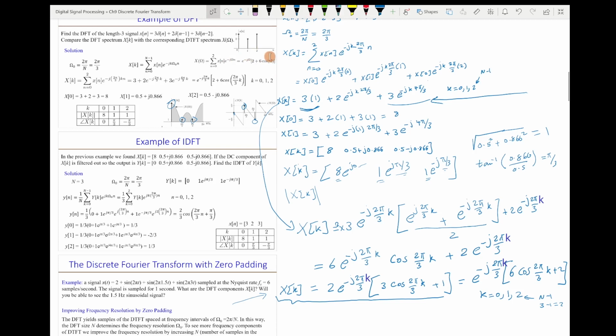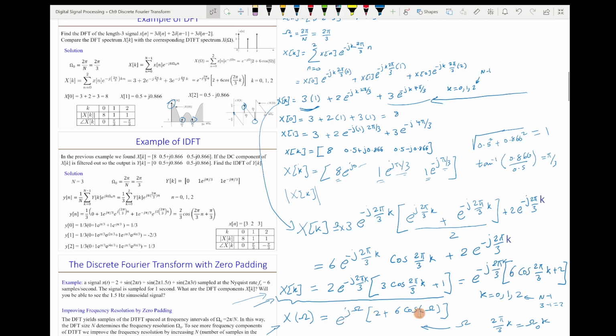So let me write it here, x of omega, e^(j omega). Now, if I compare this one to this one, you will find here I have omega. Here I have 2 pi over 3 k, which is omega 0 k. So the difference between this one and this one, these I discretize the frequency.